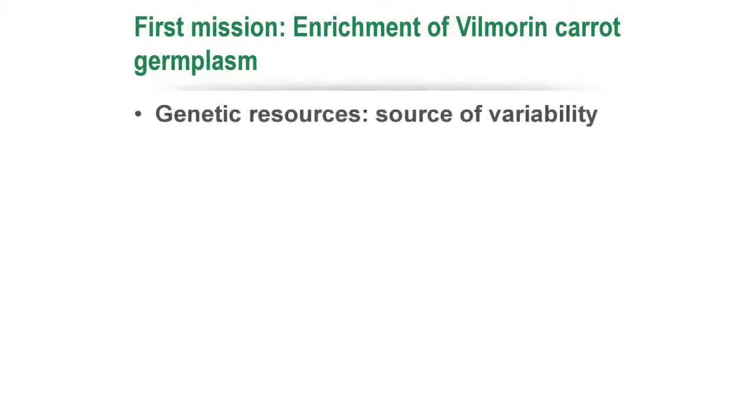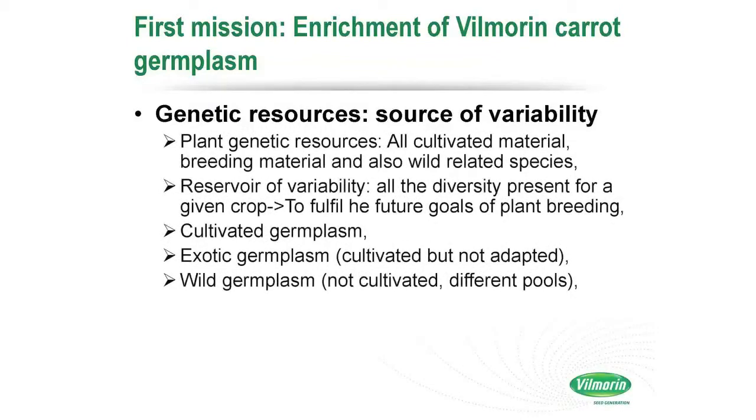Coming back to the missions, the first mission is the enrichment of our germplasm. As has just been mentioned, genetic resources are really the reservoir of variability for future gain, so that's very important. It is based on cultivated germplasm, exotic germplasm, by which I mean cultivated but not adapted to specific conditions, and also wild germplasm that is really rich in terms of diversity.